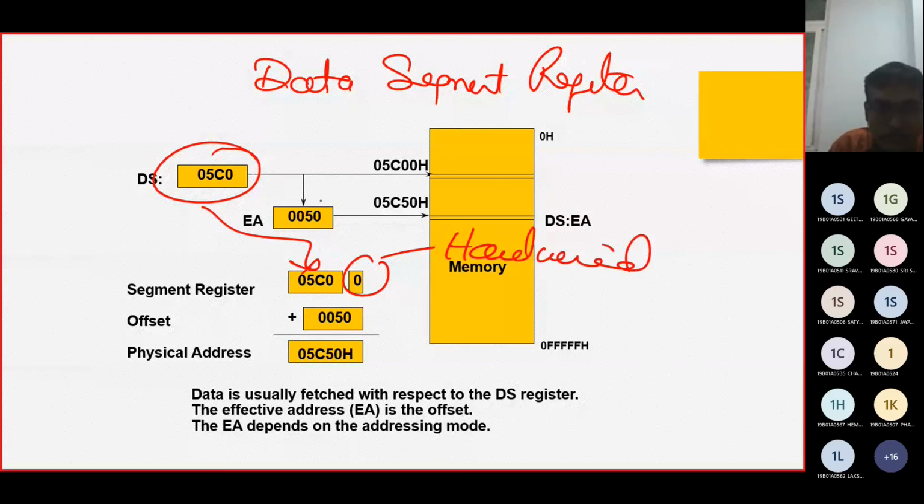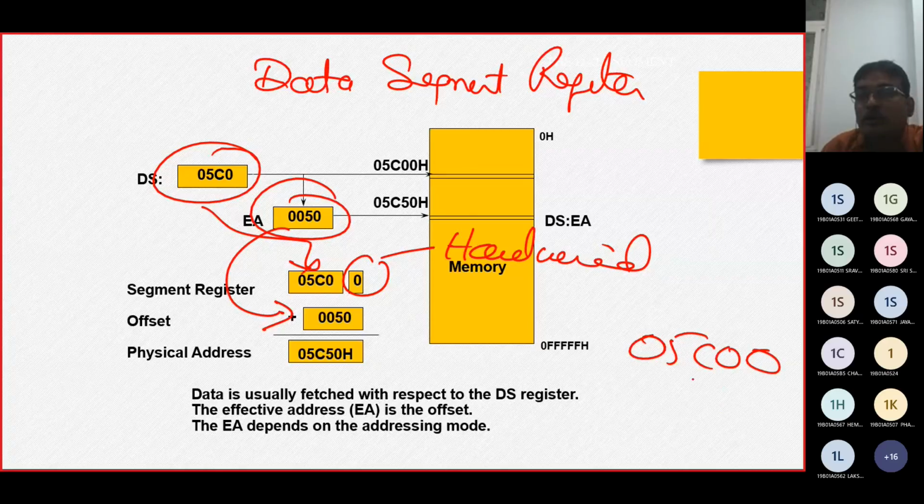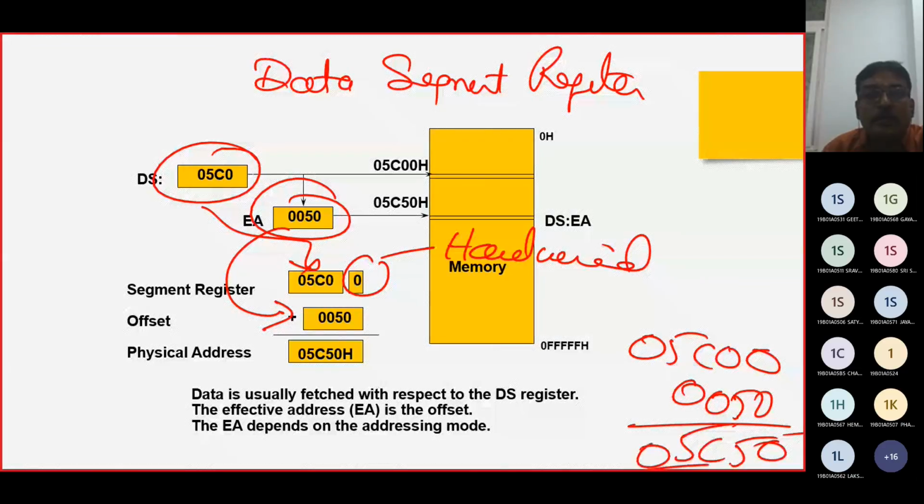Then we add the effective address here. So 05C0 plus 05C00. Then we are going to have 0050. So we get the value as 05C50. So in this way we are going to compute.